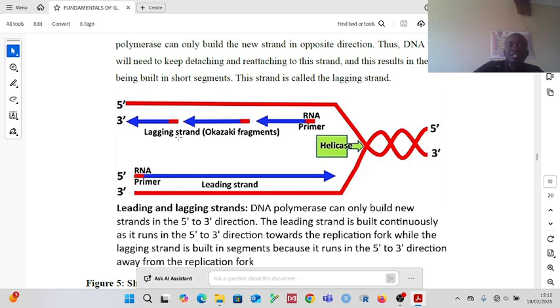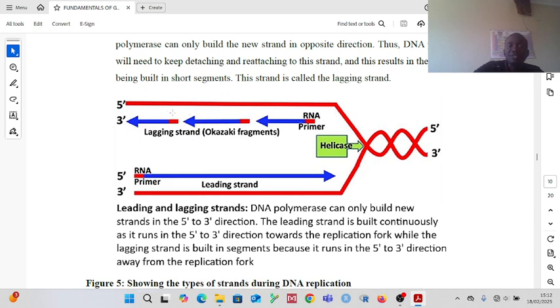Then ligase is what will help us to join this to this. That's what will help us to join these fragments to each other at the end of the replication process, so that you end up with a continuous strand here, just like this other continuous strand. You might need another enzyme to come and remove the RNA primer.